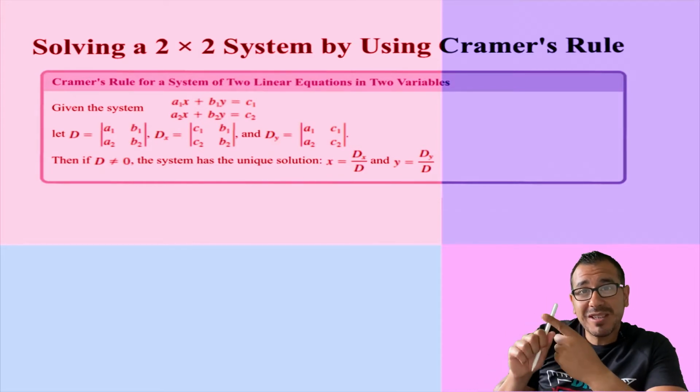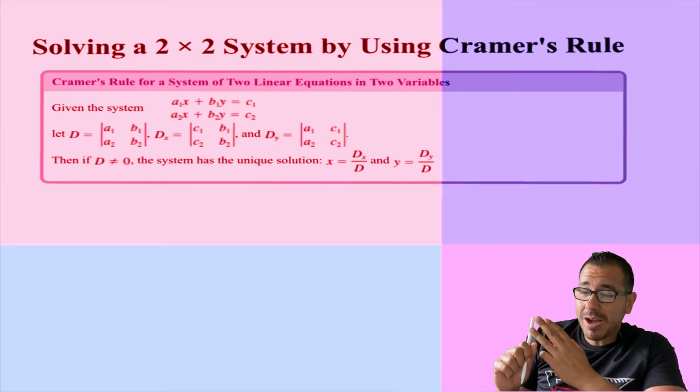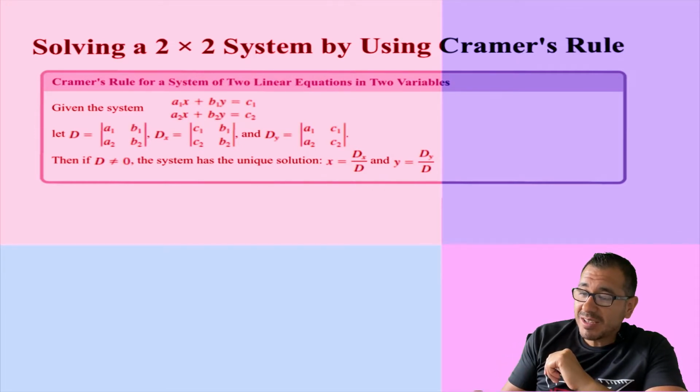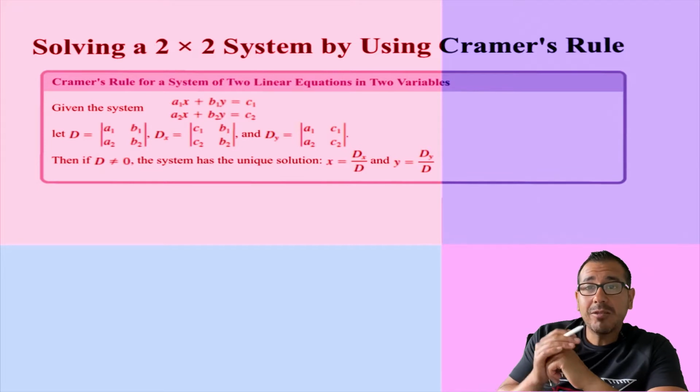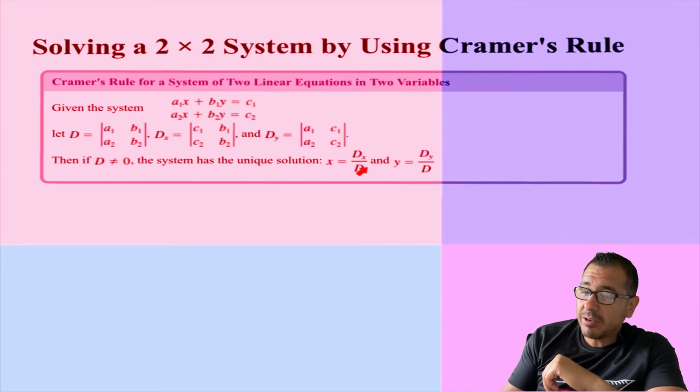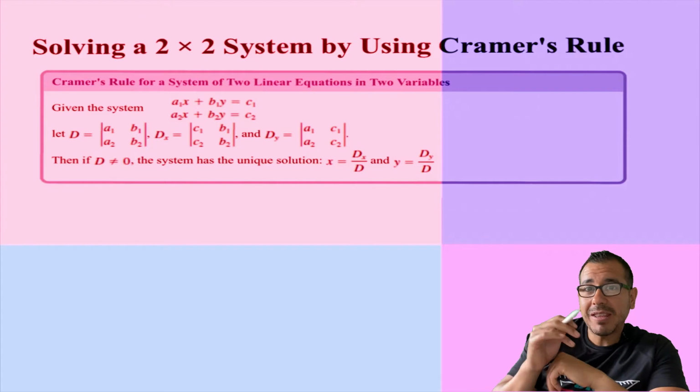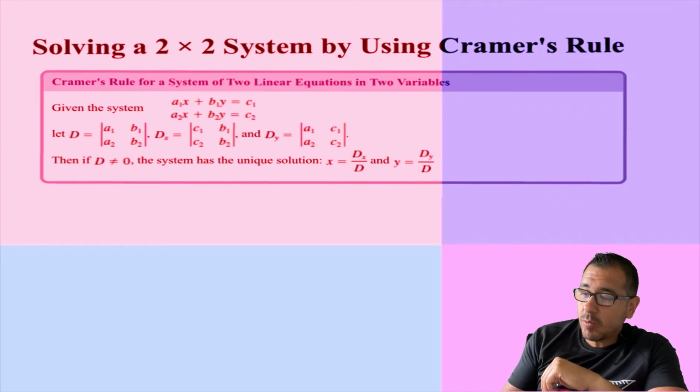And once you have your D, your Dx, and your Dy, to solve this system for x, all you're going to do is take that Dx value that you found and divide it by your D. And to find that y value, you're going to take your Dy and divide that by D.